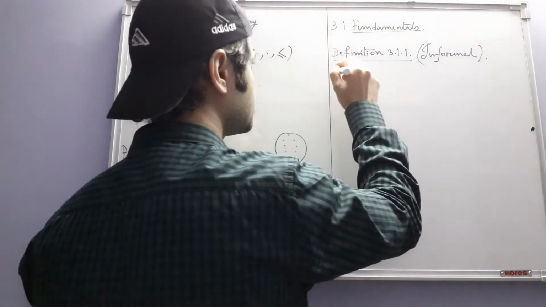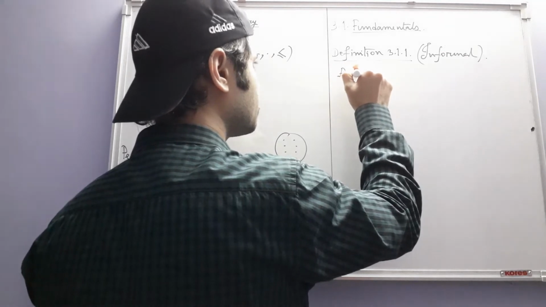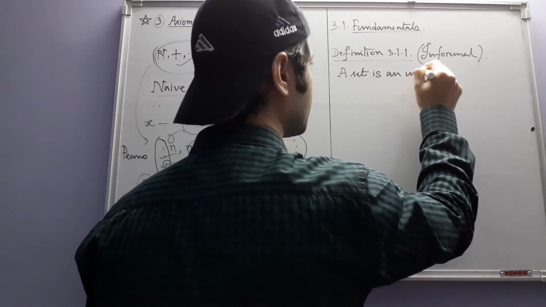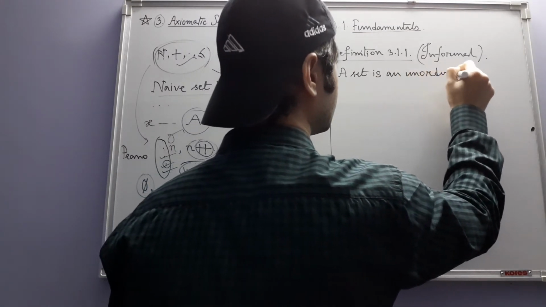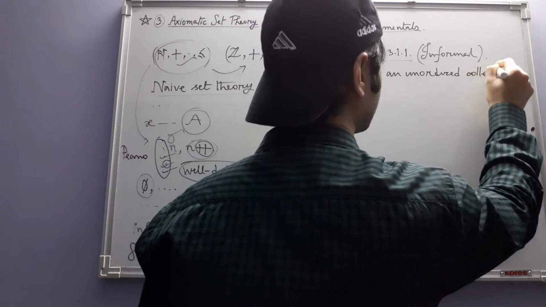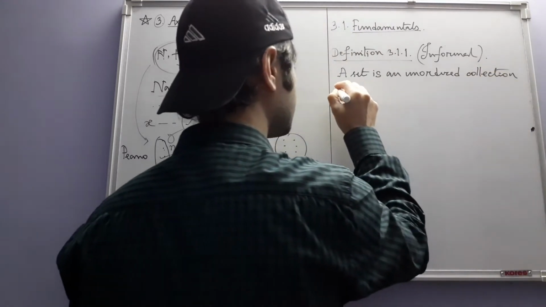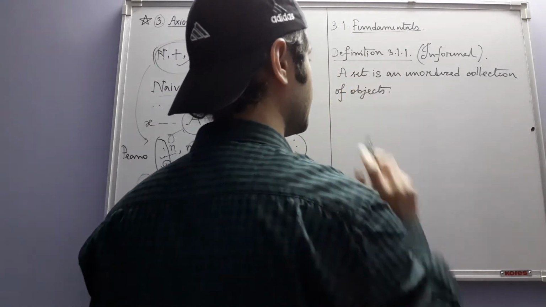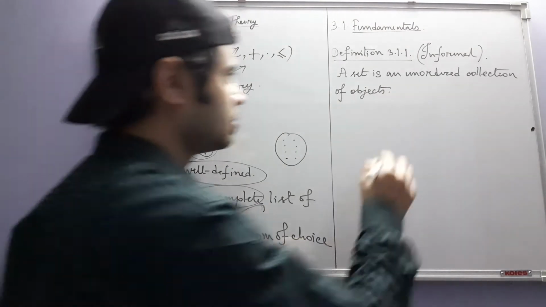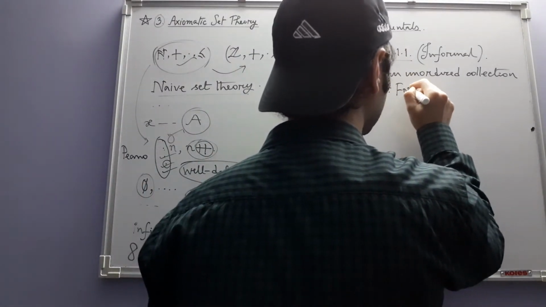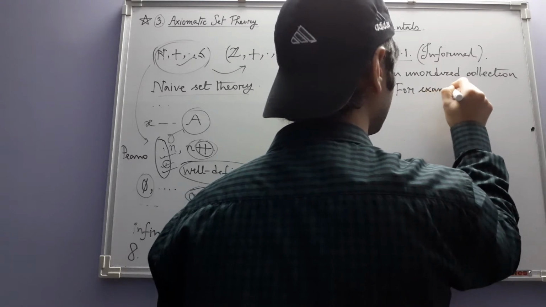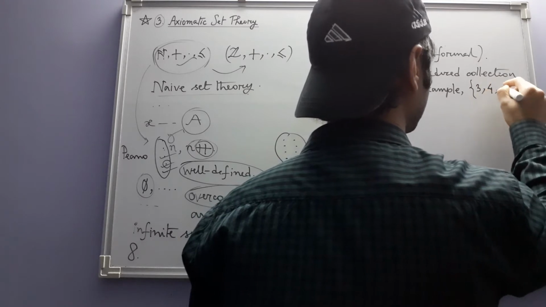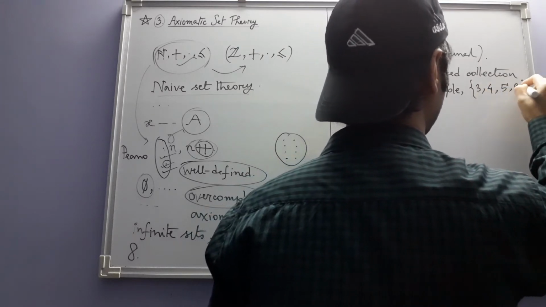So what this says, a set is an unordered collection of objects. For example, 3, 4, 5, 9.